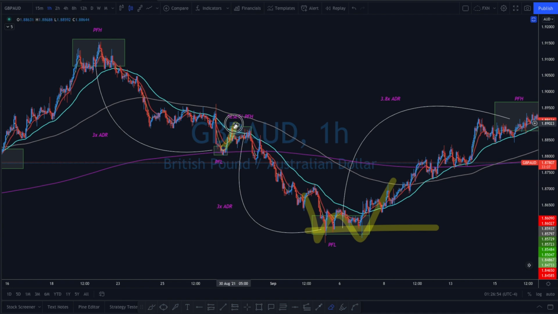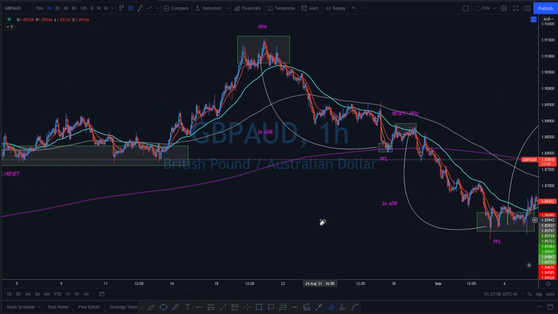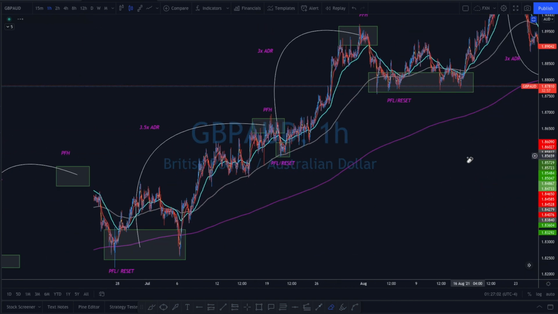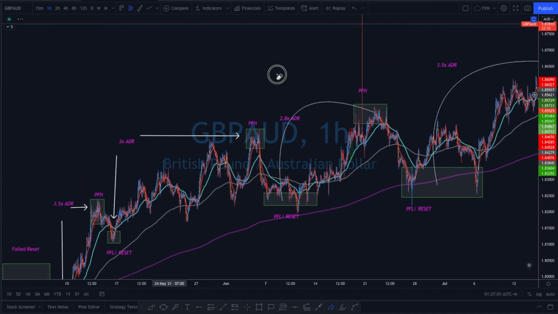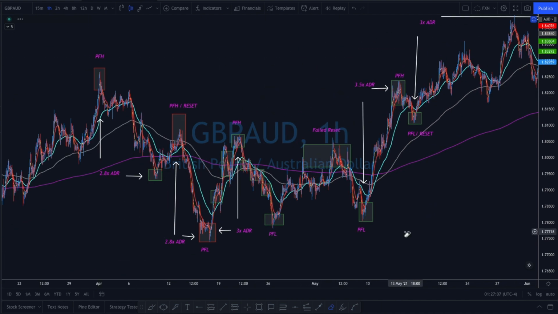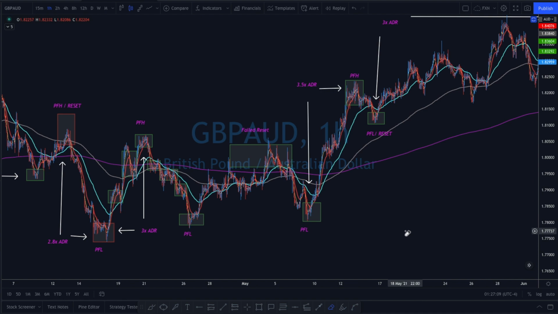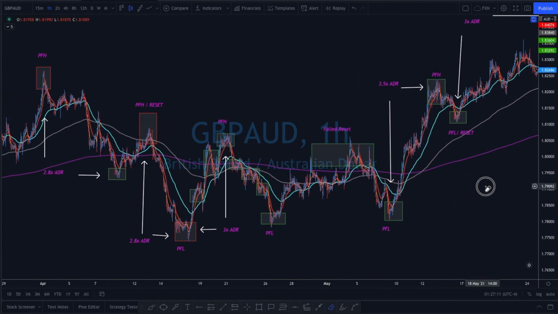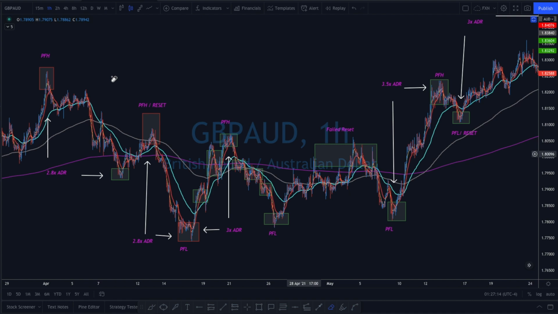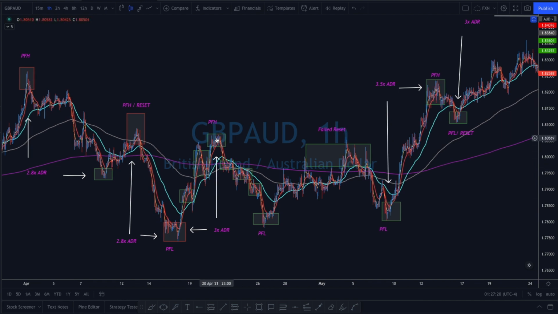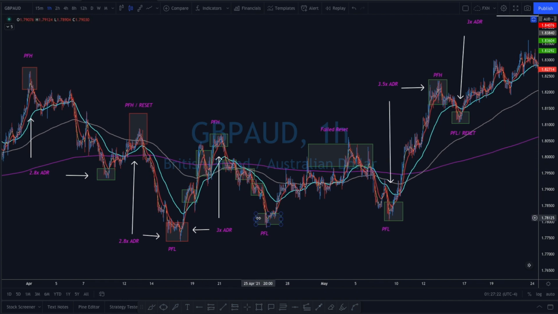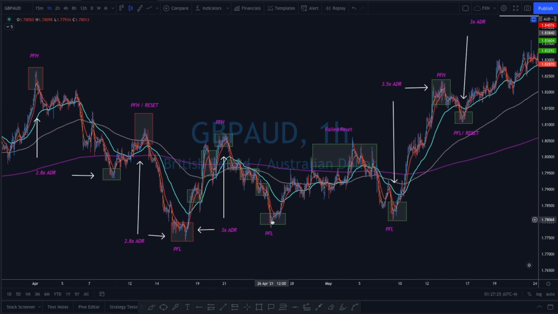Now what's the purpose of a failed reset? The failed reset comes into play when market makers are done with the cycle. In this case, they're done with this cycle here, and they want to go back up.